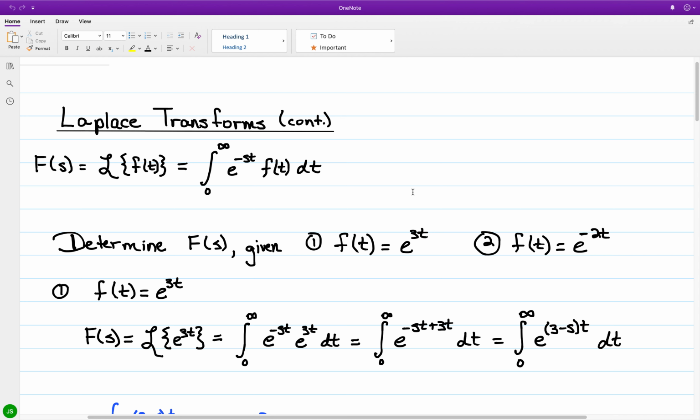Okay, one more round of looking at the determination of Laplace transforms by integration.